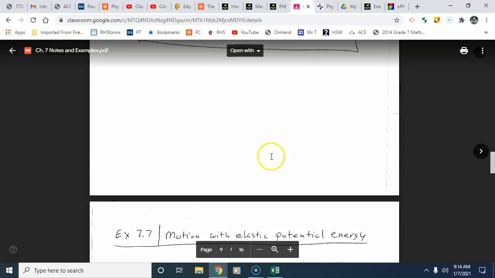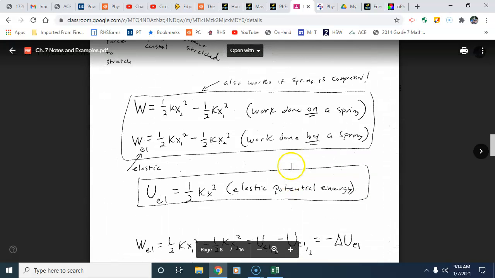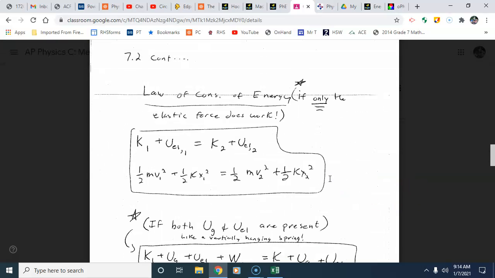But before we actually go on, how was everybody on yesterday's lesson if you watched it? It was basically just taking the same ideas, but also possibly having elastic potential energy involved, right? And the final example we did with the elevator had a little bit of everything. So it could get kind of big and ugly.